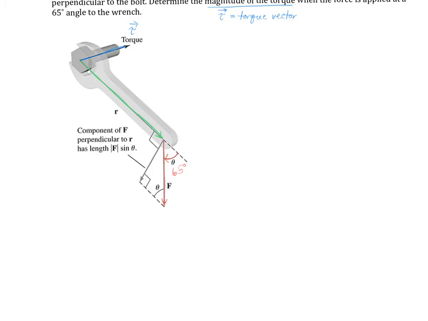Remember, vectors are equal if they have the same length and the same direction. So I can move that force vector so that it has a common tail with my vector r and my torque vector. So they all have the same tail.